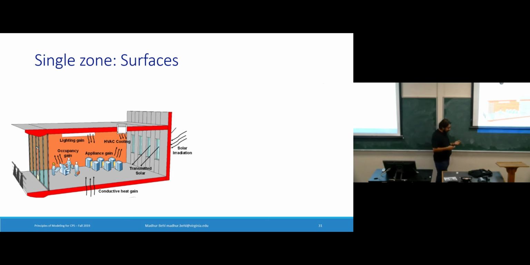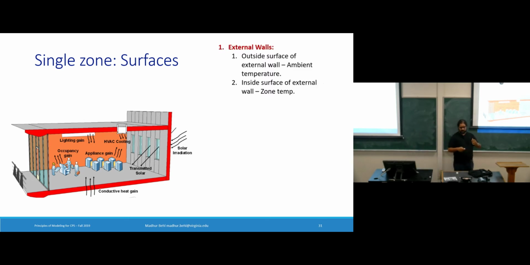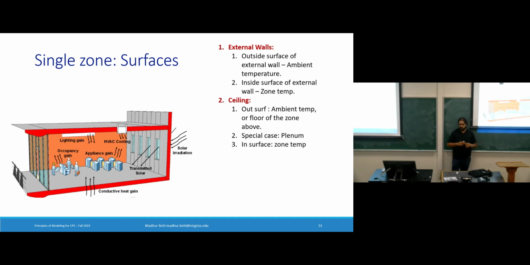In a single zone, you have something called an external surface. An external surface is anything where the outside condition for that surface is the ambient temperature outside. Actually, this zone doesn't have any external surface because we are in the basement and none of these walls are exposed to the outside air. But we could still model an external surface in a zone which has one. Then we need to model the ceiling, right?